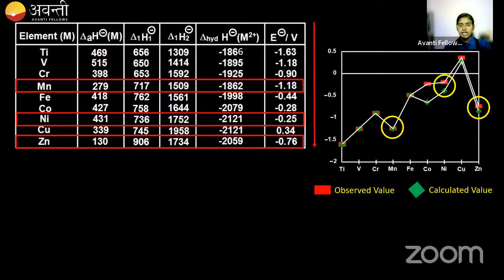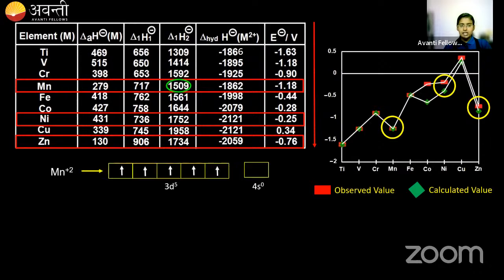Take manganese. Manganese has 1509 as the value for delta H2, the second ionization enthalpy. What is delta H? It is the change in enthalpy, meaning ionization energy. This is the second ionization energy: if I remove the second electron from manganese, the energy accompanied with it is 1509.